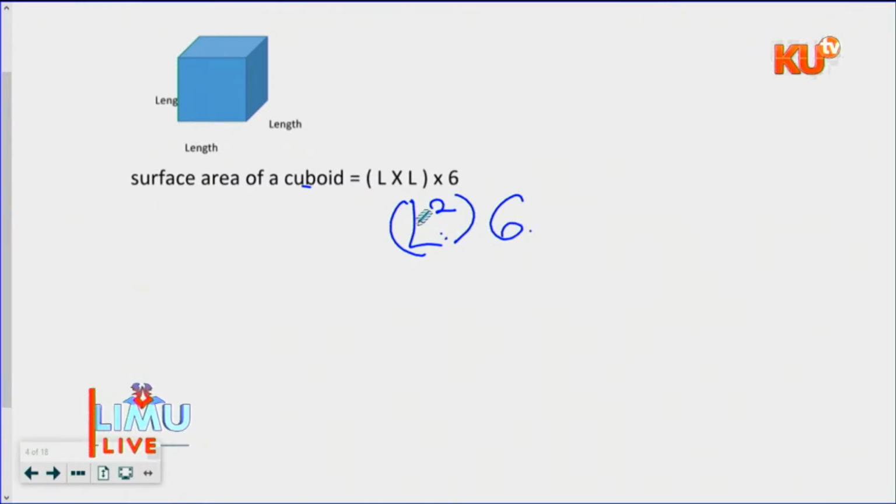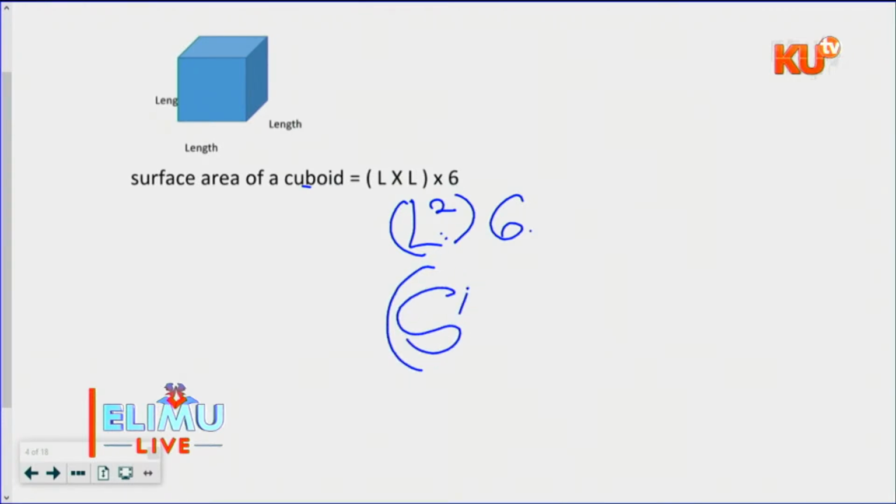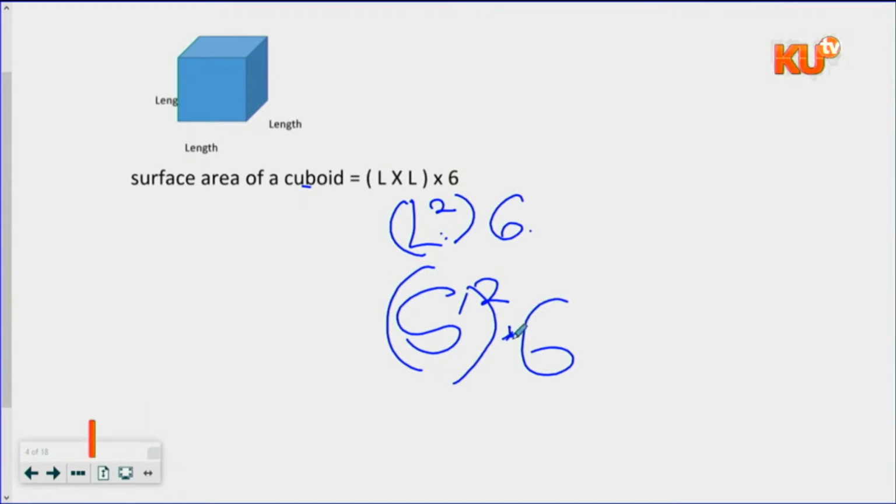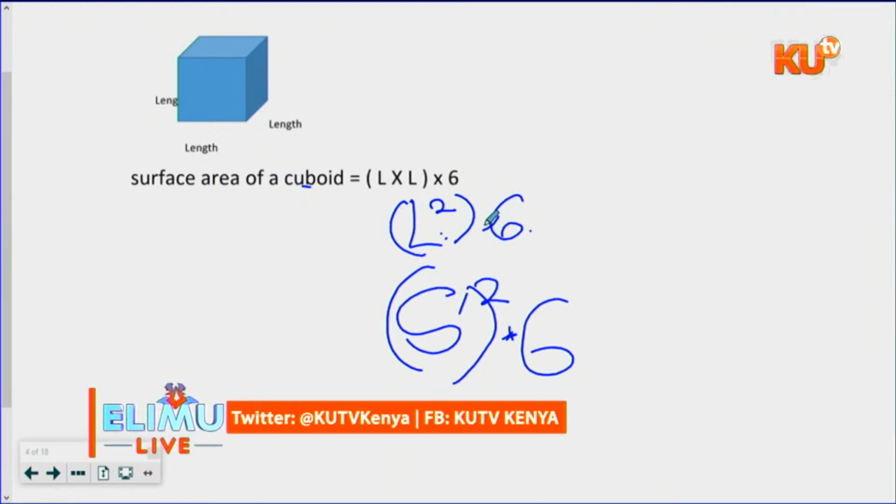L squared comes from length times length. And as I said, sometimes it can be called side. You say S squared, then multiply by 6. Between the bracket and 6 here, there is a multiplication sign that is always silent. So we normally leave it like that.